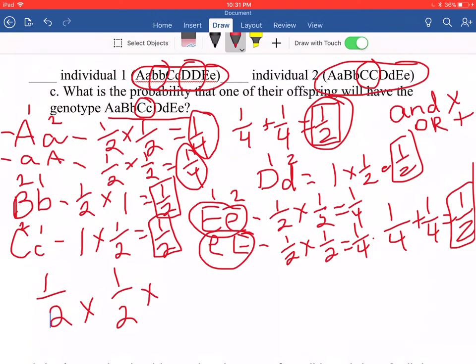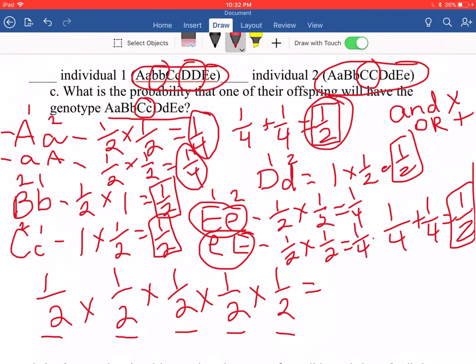What is the probability of getting big C, little c? That is a half. The probability of big D, little d is a half. And the probability of big E, little e is a half. So what is the probability that the offspring is going to get all of these allele combinations? 1/32.